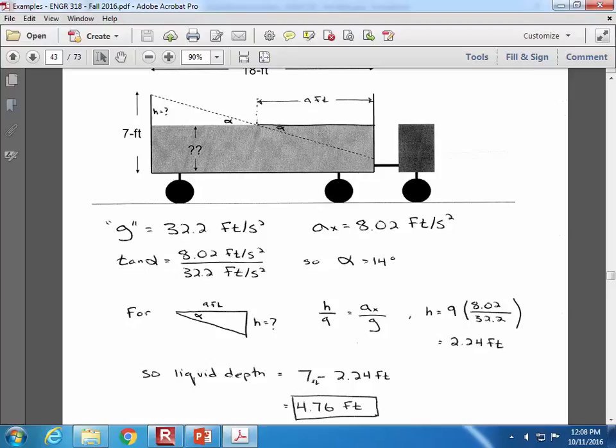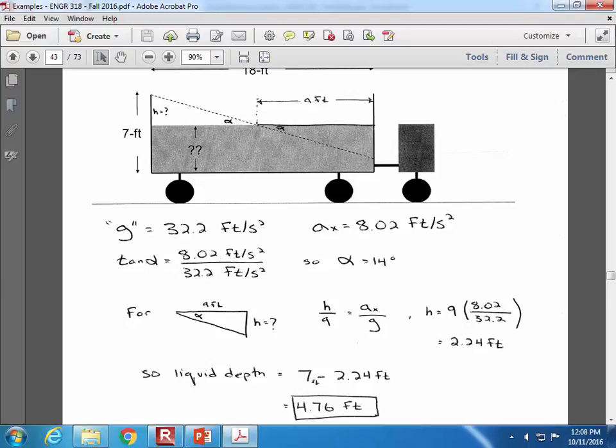There are a couple of ways to handle this. If you find the angle, alpha, then you can find h that way by making use of the angle alpha. But you'll notice that what I said was that the ratio of h to 9 is the same as the ratio of the horizontal acceleration to g, because the liquid level would be horizontal if there was no acceleration in the x direction.